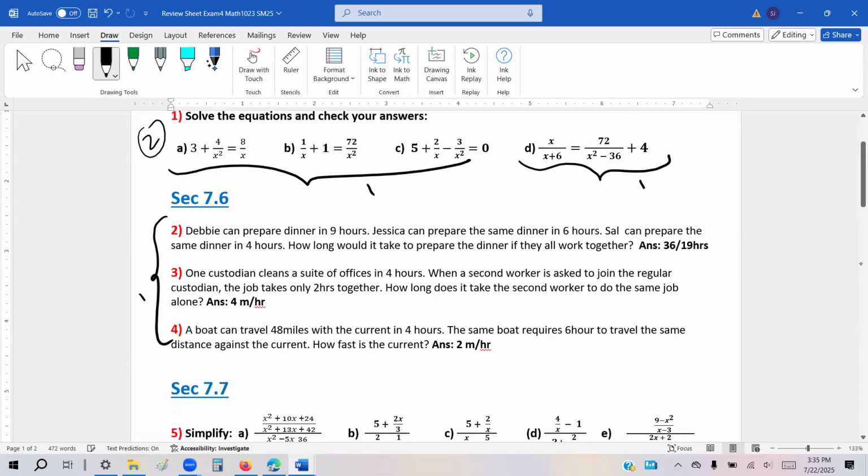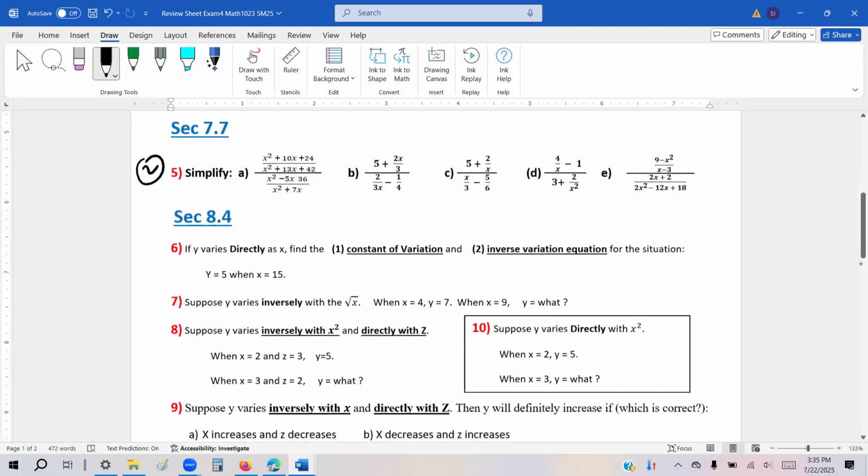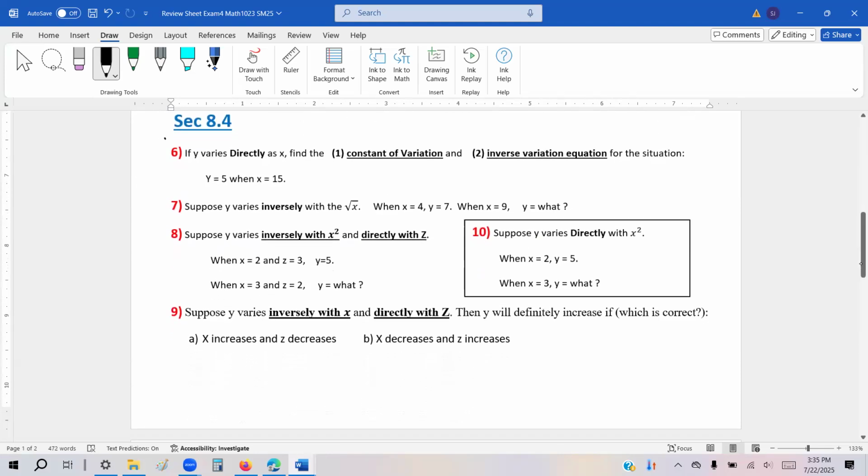One of these. Two of these. I can actually tell you which two.